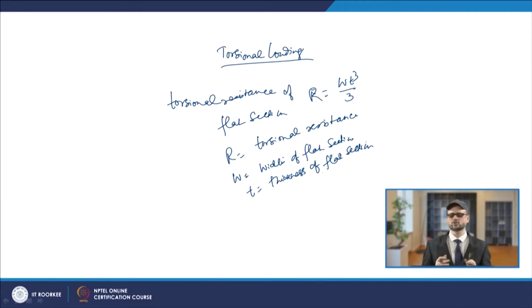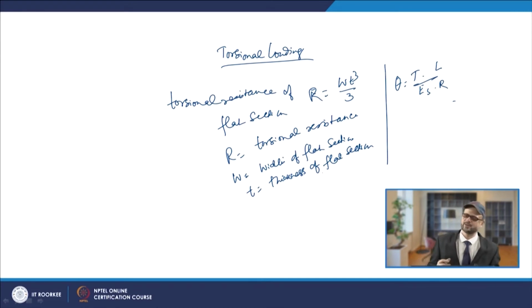Once you find the torsional resistance of the open section, you can calculate the angular twist, because torsion creates twist in the material. That will be theta equals T into L upon Es into R.